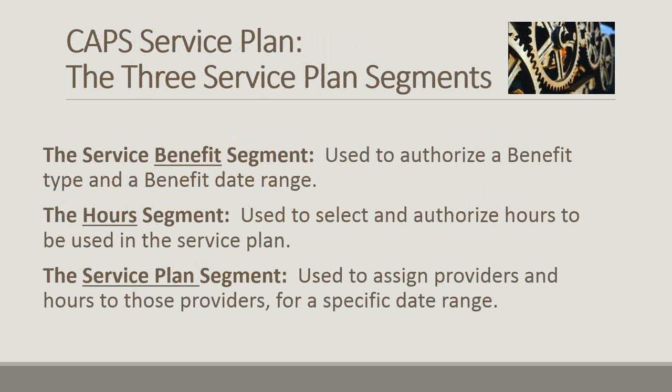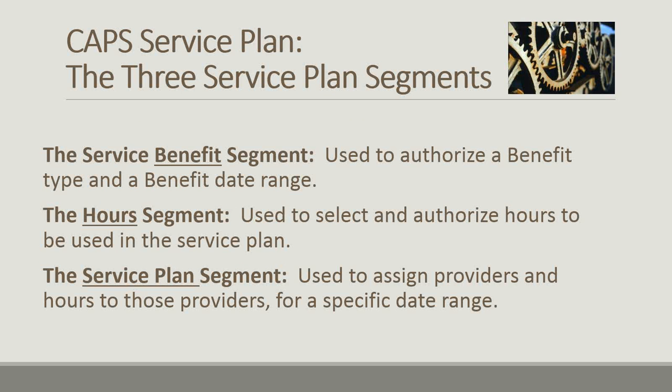Now, the CAPS service plan, if you were to open that section, which we're going to show you how in just a moment, contains 3 segments. First there's the service benefit segment, used to authorize the benefit type and the date range for your benefit.